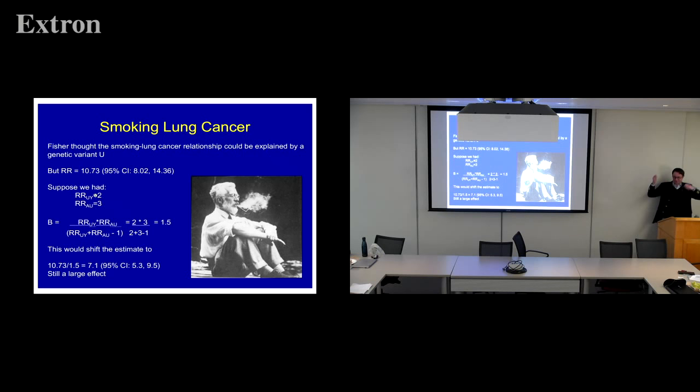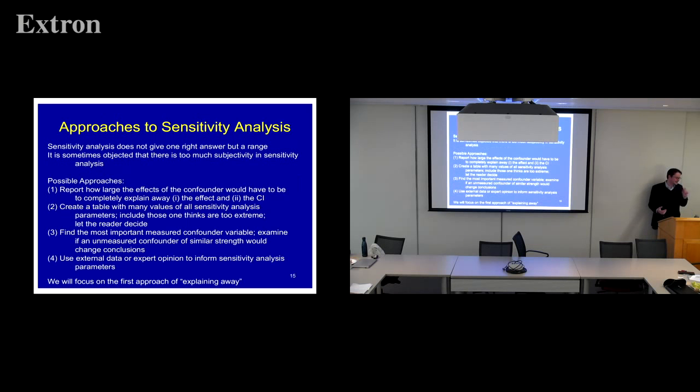Do we pull these numbers out of thin air? And so sometimes the objection to sensitivity analysis is leveled that there's too much subjectivity in sensitivity analysis to make it useful. We're kind of pulling numbers out of the air, and if the investigator wants, they could just choose two numbers to make their effect estimate look good, and then what have we really gained?